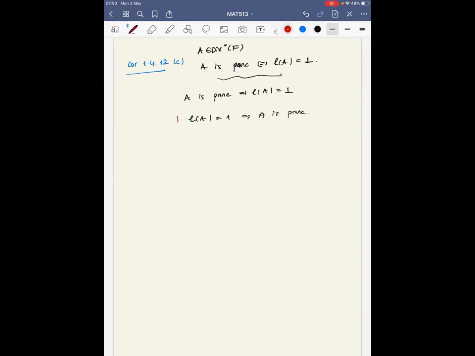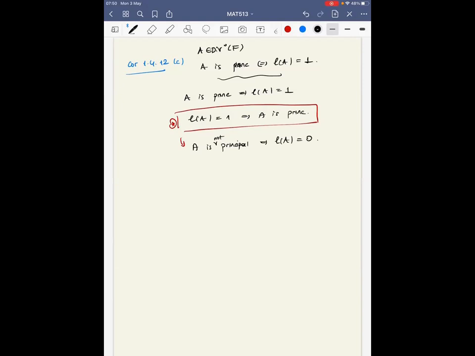But if you consider the contrapositive of this last statement, we can conclude that if A is not principal, then the dimension of its Riemann-Roch space is going to be 0.